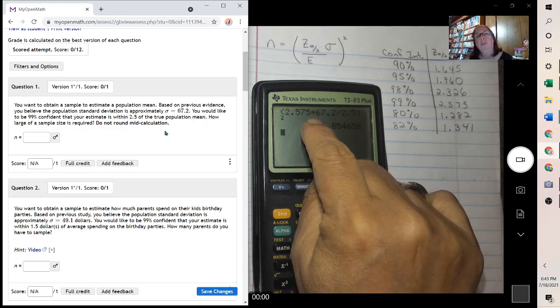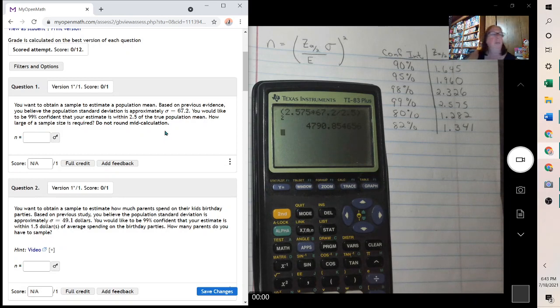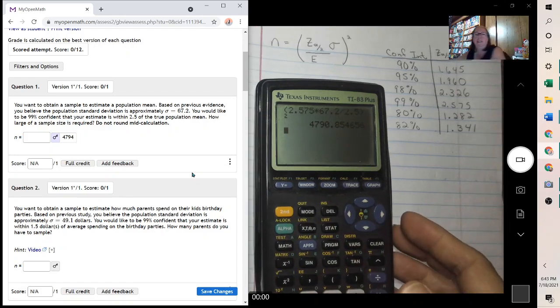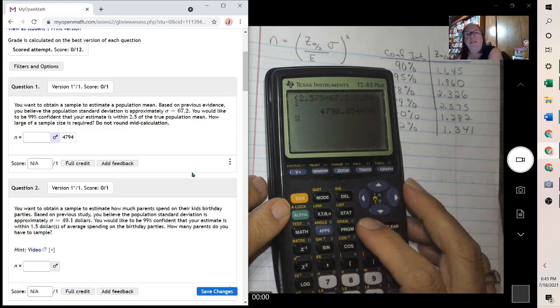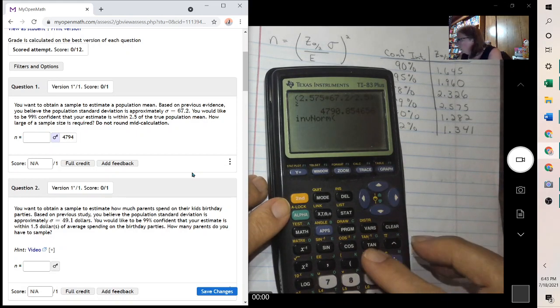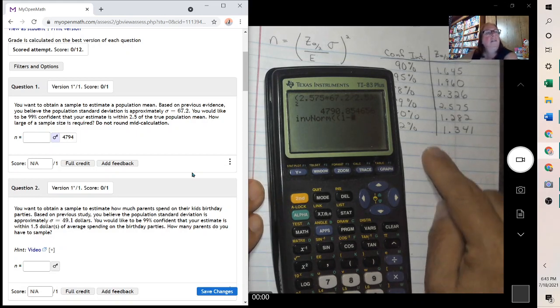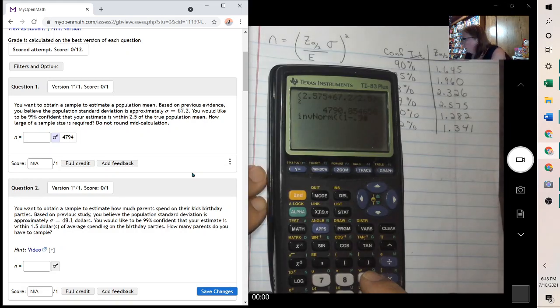Now this I went 3 decimal places. If I would have went further, it would be more accurate. This is going to be a little bit off. So if instead I went second, distribution, down to my inverse norm, 1 minus, this was 99, so 0.99, close parenthesis, divide by 2.